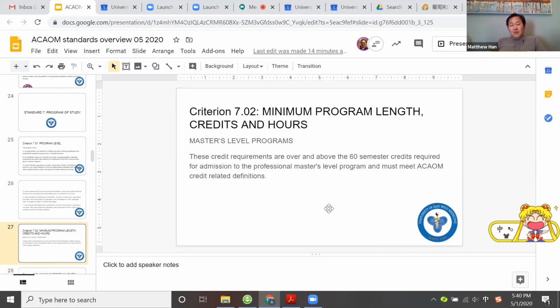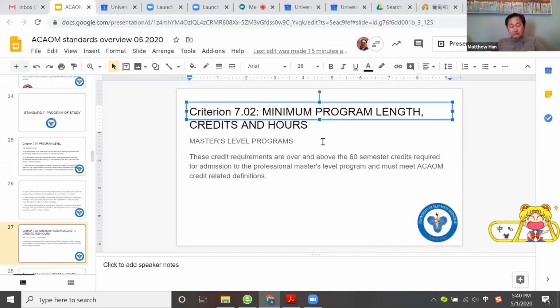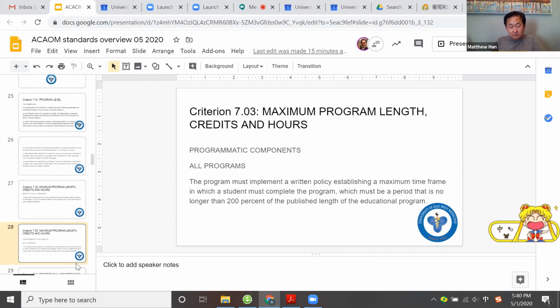And we evaluate ourselves, then we show the evidence. For criterion 7.02, minimum program length, credit and hours, we have to follow the ACAOM standards and at the same time the acupuncture board's standards.